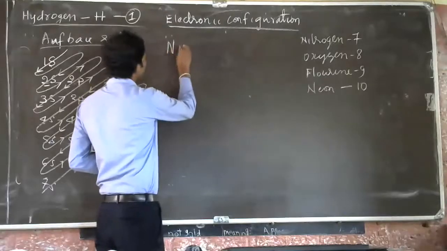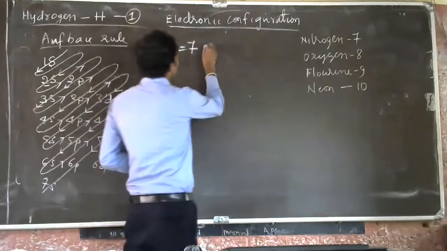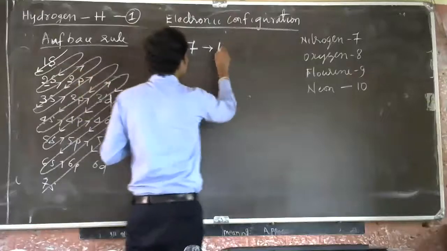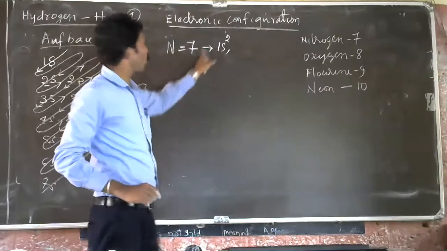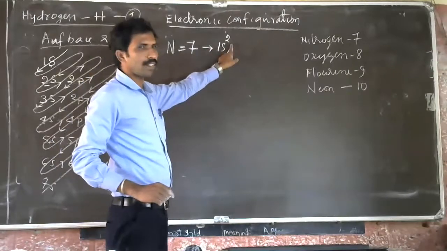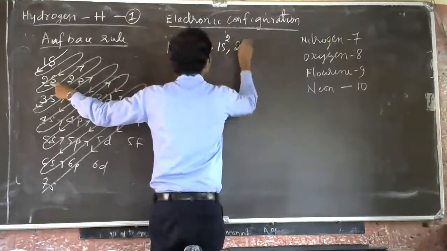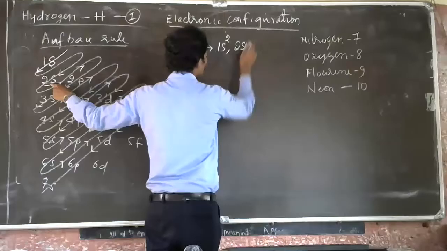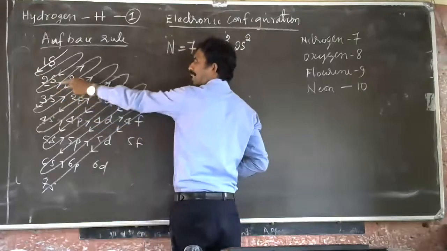So I'm going to write here nitrogen. Please understand, nitrogen atomic number is 7. First is 1s2, means out of 7 electrons, two are occupied in 1s, and next is 2s. In 2s also two electrons are occupied. After 2s, next comes the arrow mark.